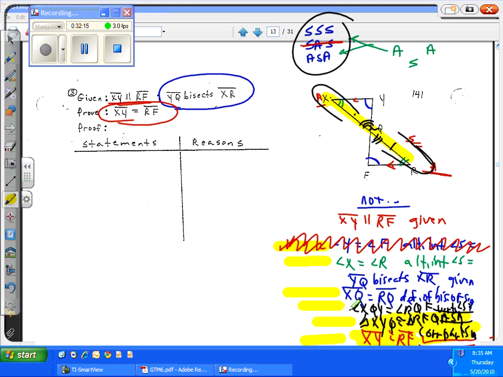So I go to the next needed statement. Angle equal angle, they're vertical. I can see that in the picture, that they're vertical. So that statement and reason is justified. I go to the next needed statement, my side equals side. My reason is definition of the bisector of a segment.